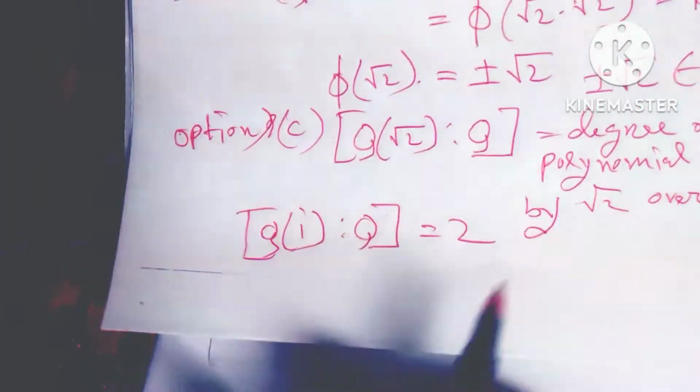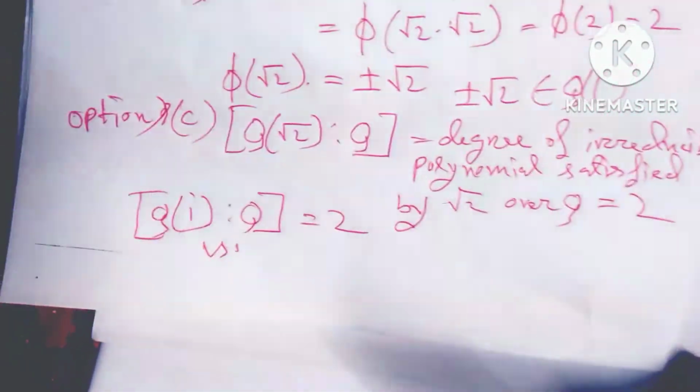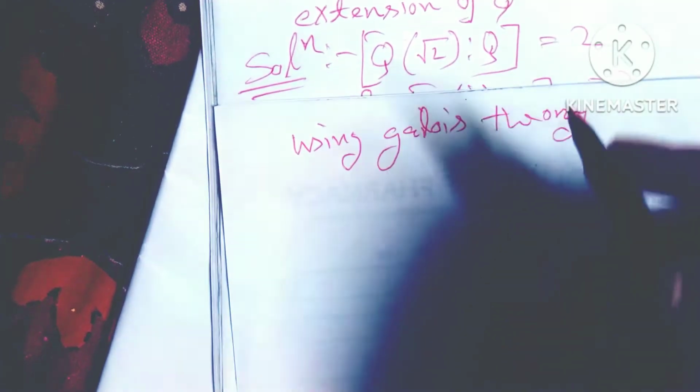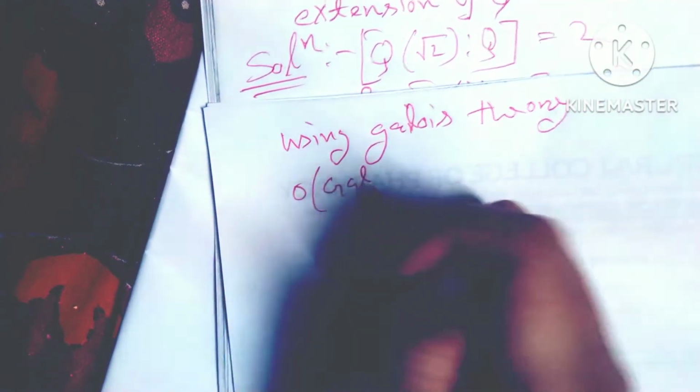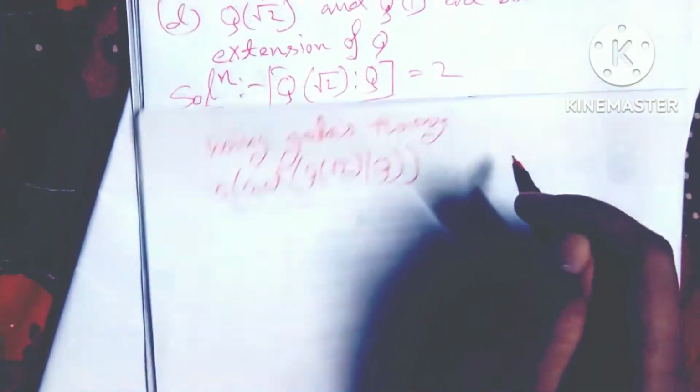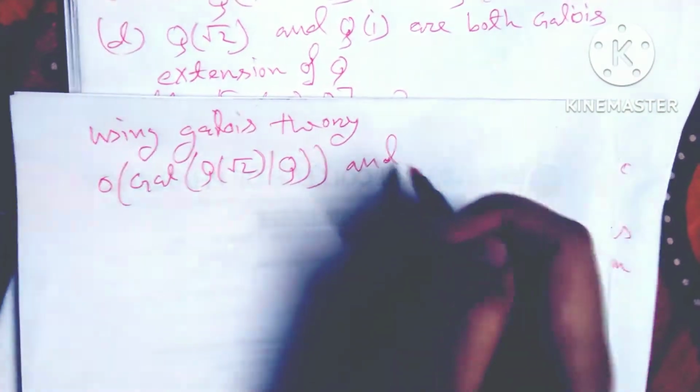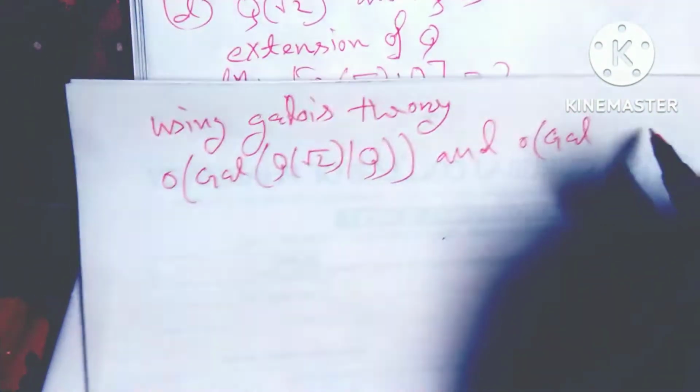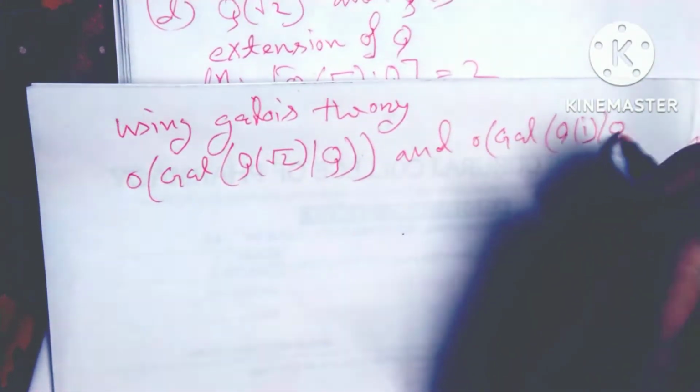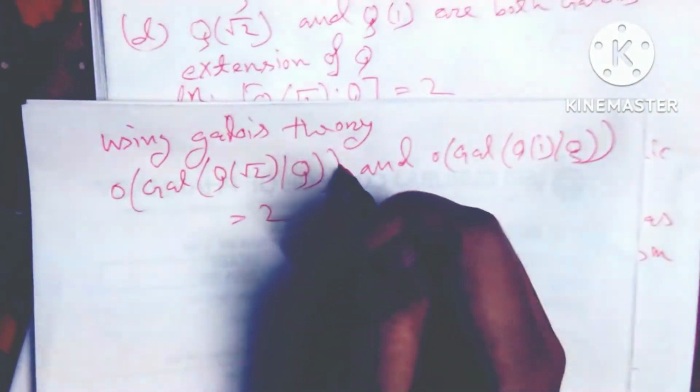Using Galois theory, the order of Gal(Q(root 2)/Q) and the order of Gal(Q(i)/Q) both equal 2.